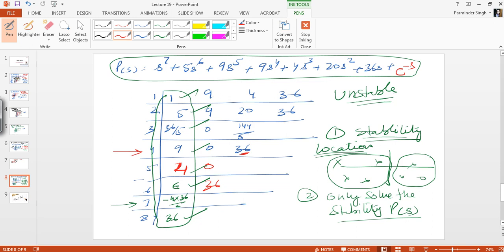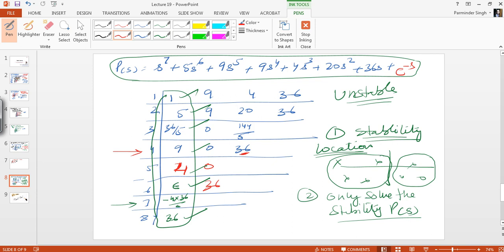It only determines the stability of polynomial equations. For lags, dead times, and transportation lags, the Routh criteria fails.